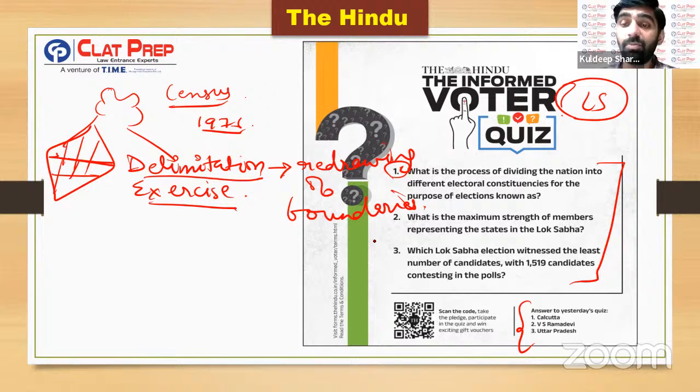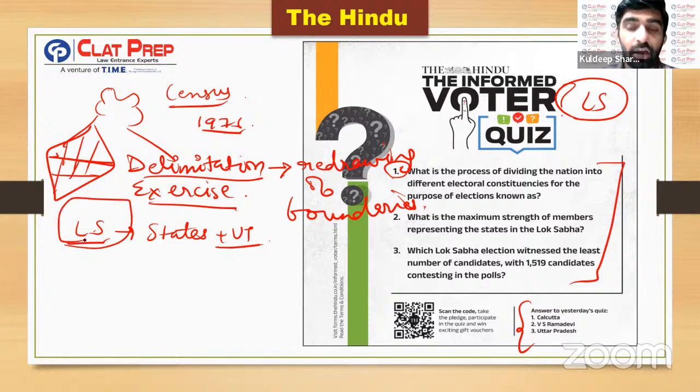Next, what is the maximum strength of members representing the states in the Lok Sabha? As you may know, in the Lok Sabha there is representation given to the states as well as to the union territories. So the question here is basically how many seats are there for representation of the states. The maximum strength as per the constitution of the Lok Sabha is 550.